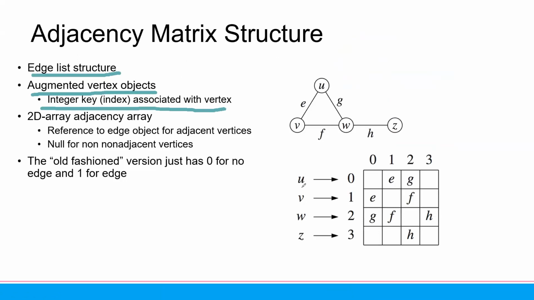So for example, here I have U, V, W, and Z. U is index 0, V is index 1, 2 is for the W, and 3 is for Z. It is a two-dimensional adjacency array. So the reference to edge object for adjacent vertices, and it is null for non-adjacent vertices.